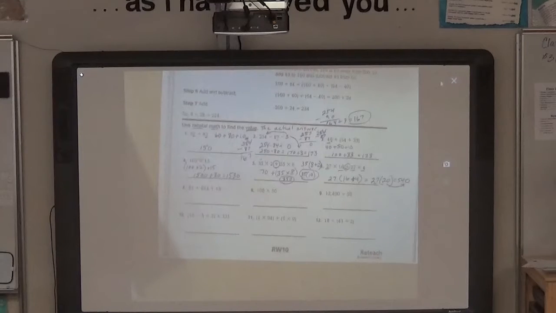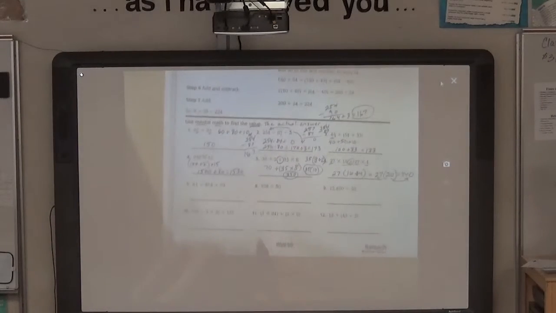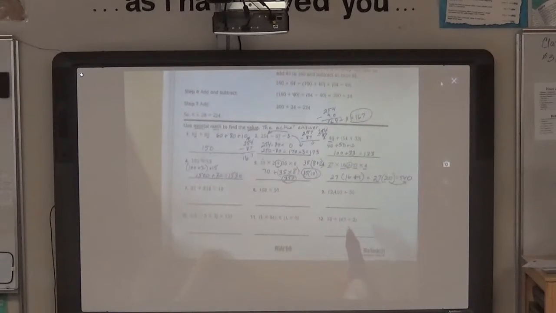Now, for your assignment, I want you to do these that I circled. Do 7, 8, 11, and 12.